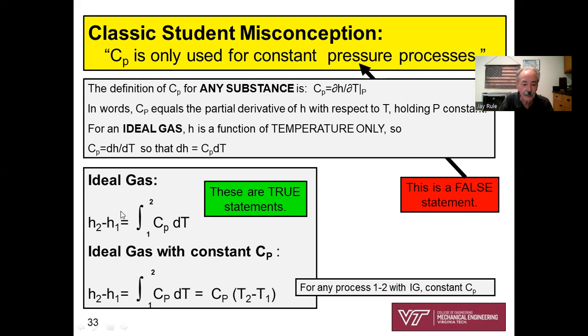This is true: you use C sub P when you're trying to find delta H. Now, sometimes you use it as a constant number. Other times you use it as a variable, and you're either using tabular work or you're integrating the formula yourself. But anyway, you use C sub P for all kinds of different processes when you're trying to find delta H.